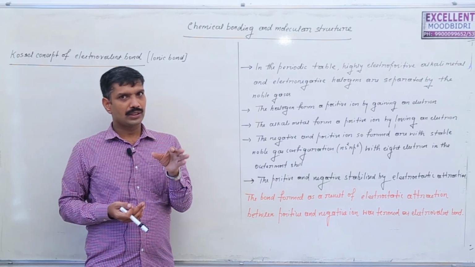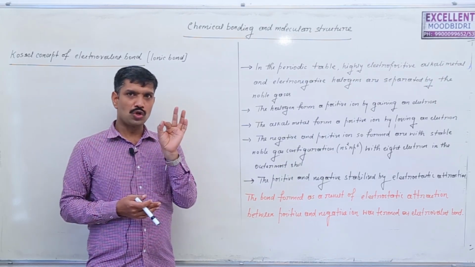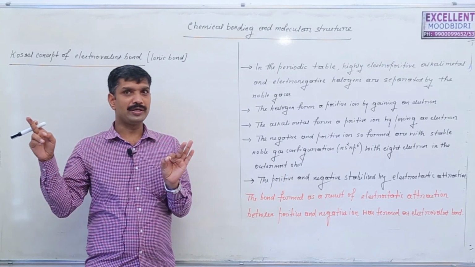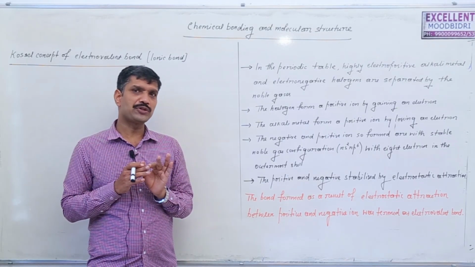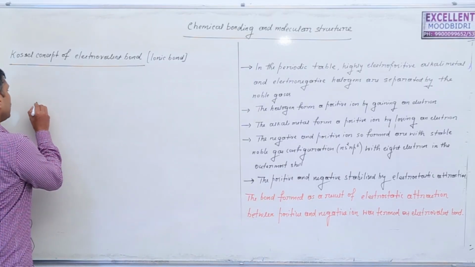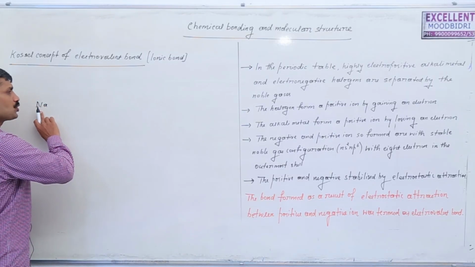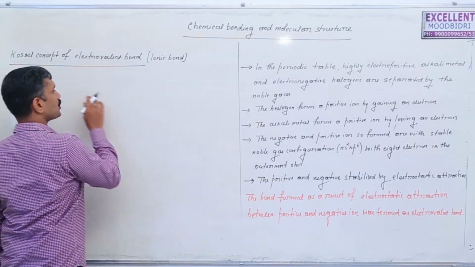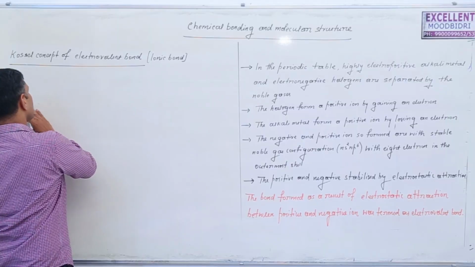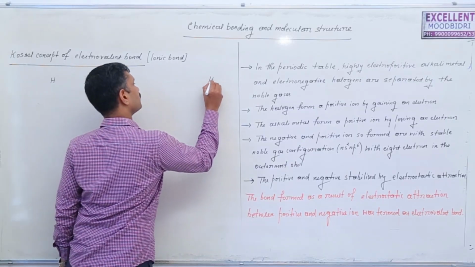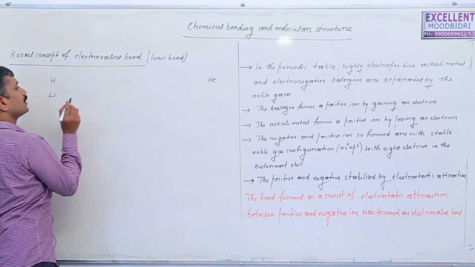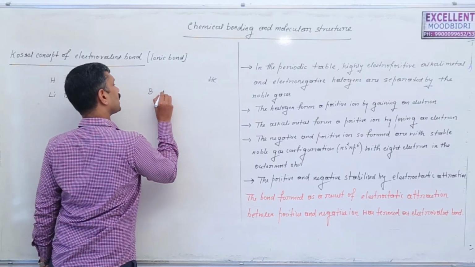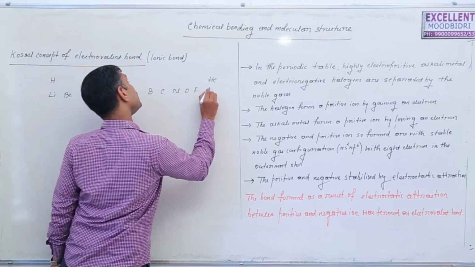For example, neon is a noble gas element. Neon separates the highly electropositive elements and the highly electronegative elements. After neon comes sodium. Going in order: hydrogen, helium, next lithium, beryllium, boron, carbon, nitrogen, oxygen, fluorine, neon.